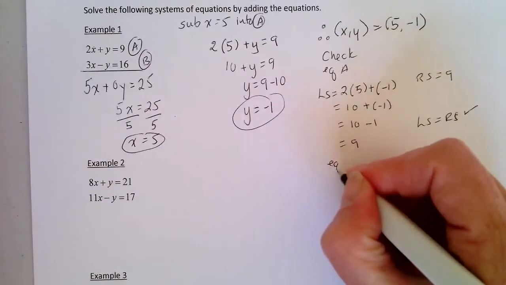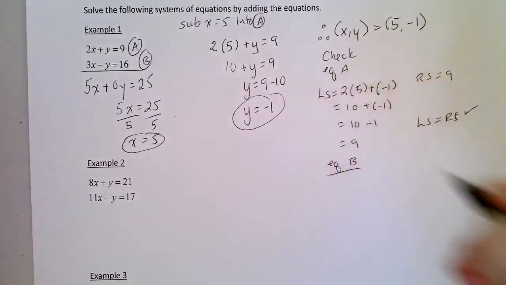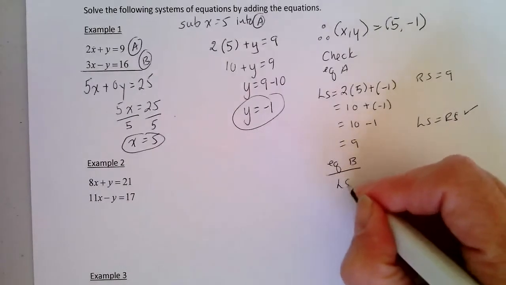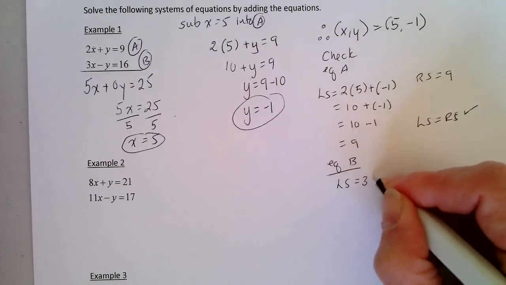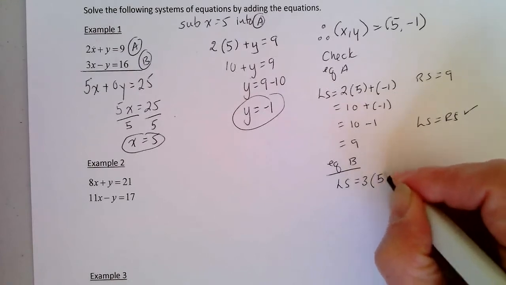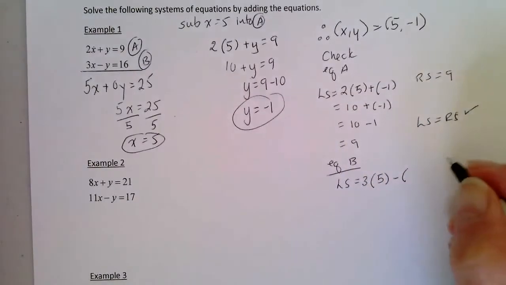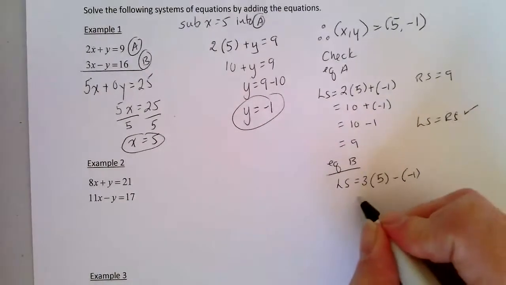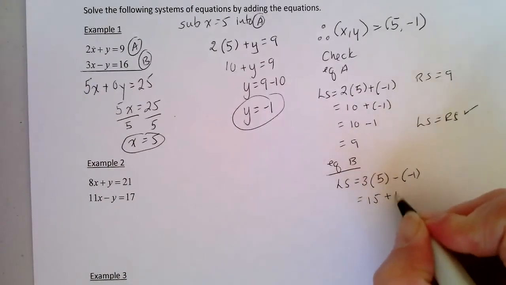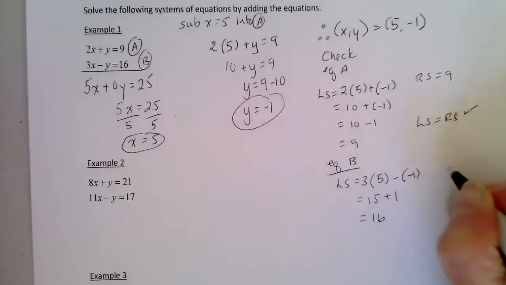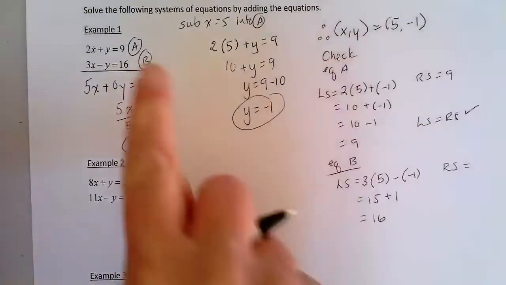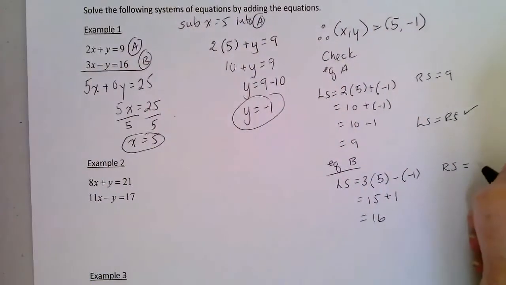Then we also have to check it in equation B. So the left side is equal to 3, replace the x value with a 5, minus y, which is negative 1. This becomes 15 plus 1, which is equal to 16. And the right-hand side was 16.